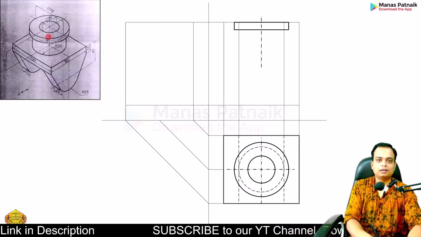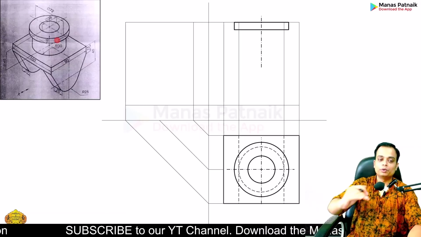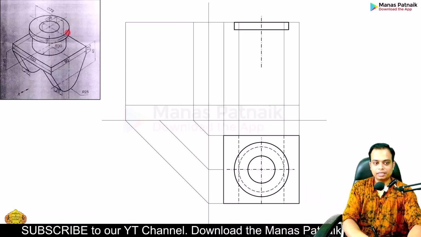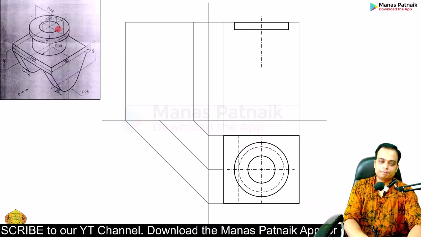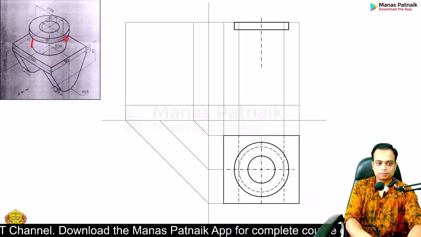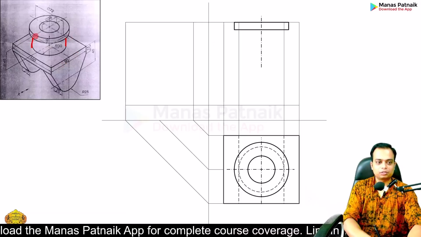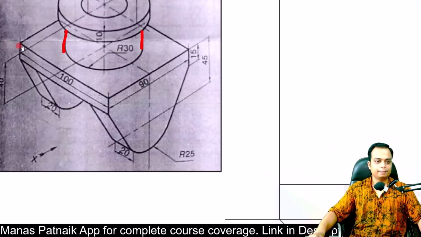This actually looks like a cylindrical tube. There are two cylindrical tubes stacked one over the other, with inner and outer diameters. The second tube that I'm going to create is this one. This total height is, let me just zoom into it.